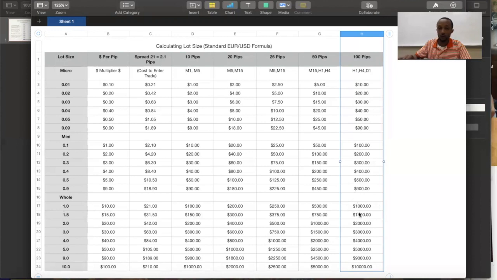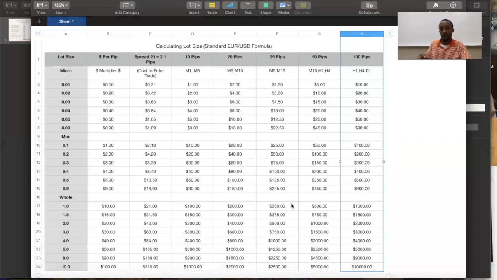But even if you were going to use a 50 pip stop loss, you're talking about losing $500 plus the spread. So that one trade with a 50 pip stop loss and a whole lot size is going to cost you $521. And if you divide that into your total balance, how much of a percentage of that total balance did that $521 cost your account?